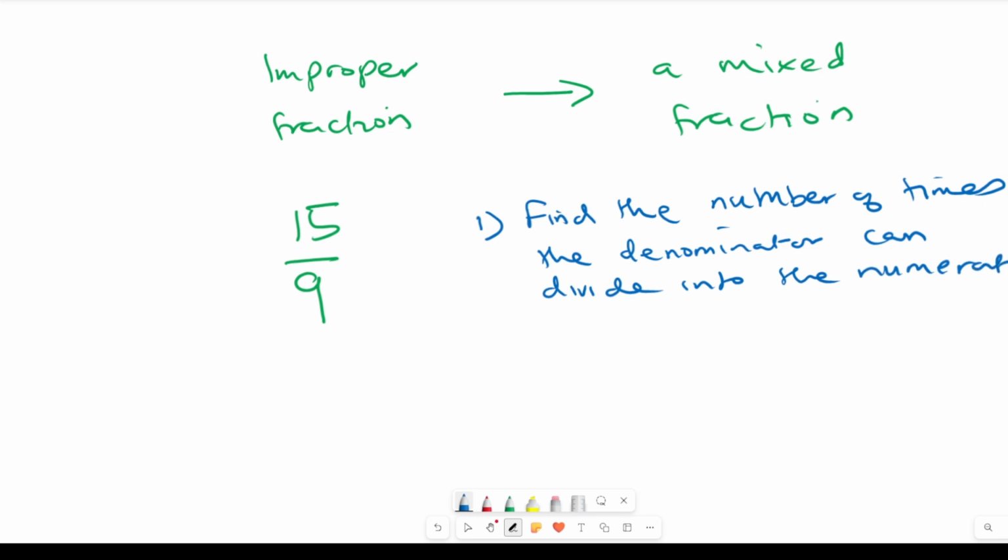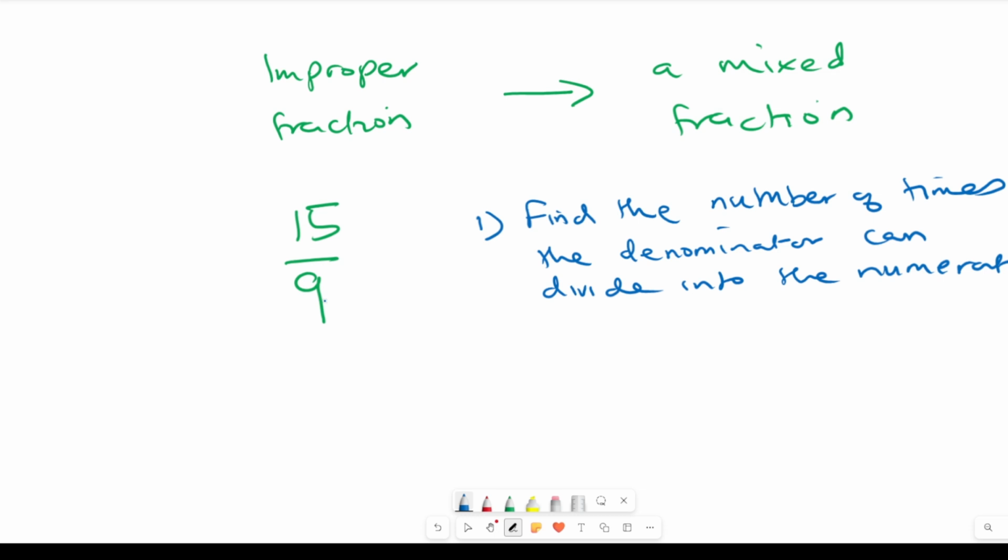And I'm taking time to write all these steps so that you can also make notes and then easily refer to it, because sometimes if you just watch a video, you feel like you know what to do, but subsequently in the classroom you are presented with an exercise and you realize you have forgotten the video that you watched. So if we document the steps, in your own free time you can look through, and that will be useful for you. So first of all, find the number of times the denominator can divide into the whole number.